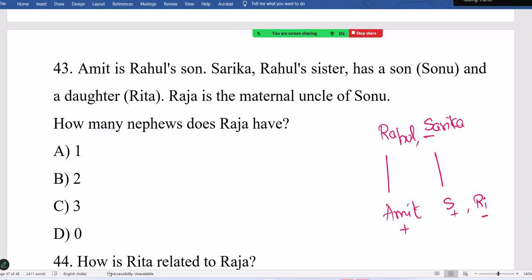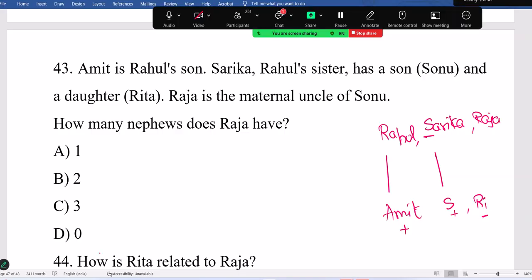Already Rahul is there. Okay, there is one more person, brother to Sarika, is Raja. So how many nephews is Raja having as per the data? Nephew means sibling's son. Amit and Sonu are the nephews for Raja.